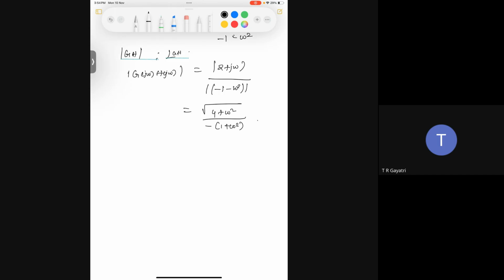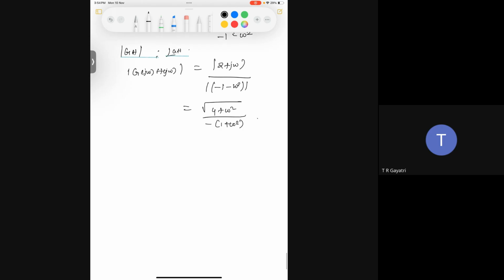Okay. So at omega equal to 0, when omega tends to 0, this will become 2 minus 2, but absolute value becomes 2. So g of gh will become 2.